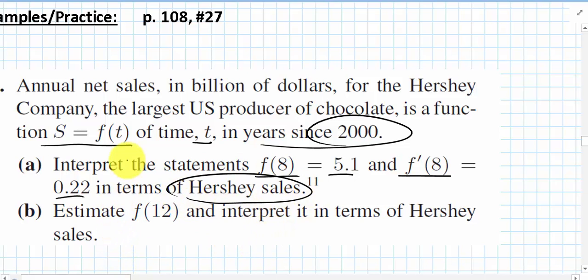So f of t is the annual net sales in billions of dollars, right? And t is years after 2000.